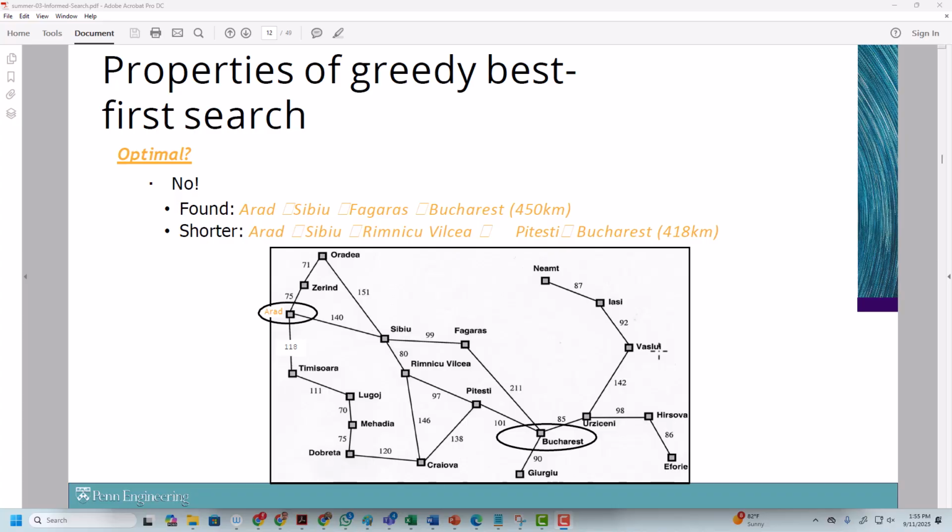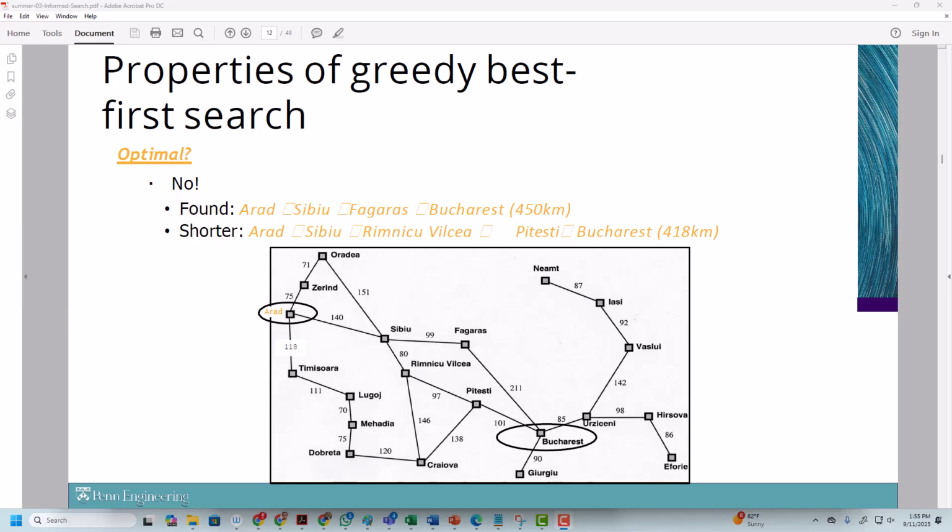The route found is Arad, Sibiu, Fagaras, and Bucharest, which is 450 kilometers, whatever unit you use. But there is a shorter route from Arad, Sibiu, Rimnicu Vilcea, Pitesti, and Bucharest, which is 418 kilometers. That's the optimal route, 32 kilometers shorter than the route our greedy best-first search algorithm found.